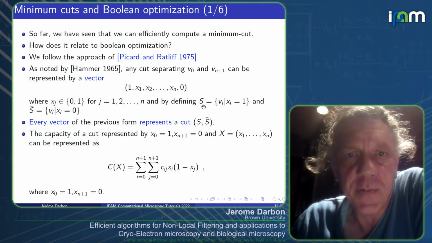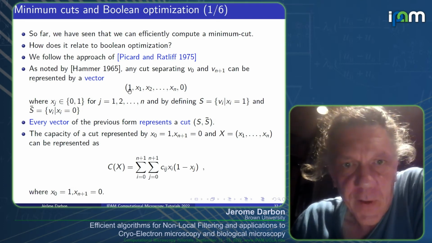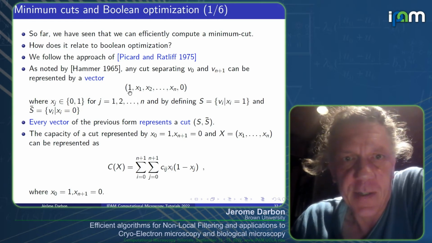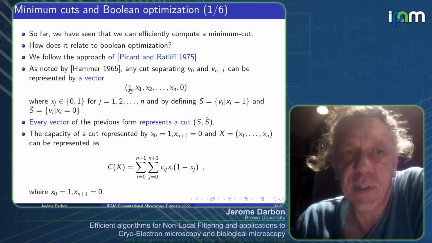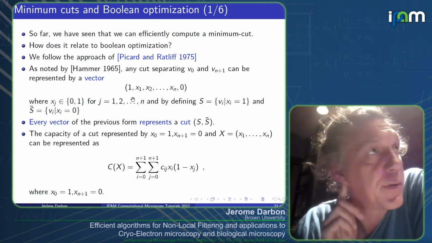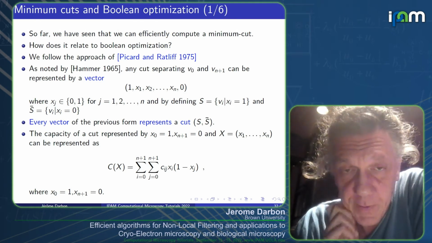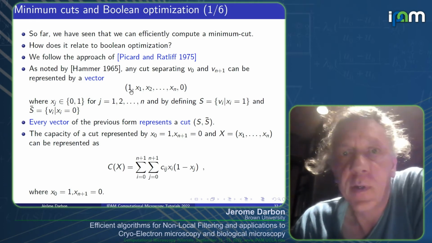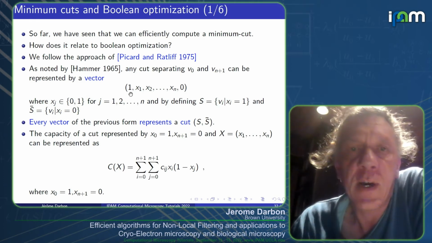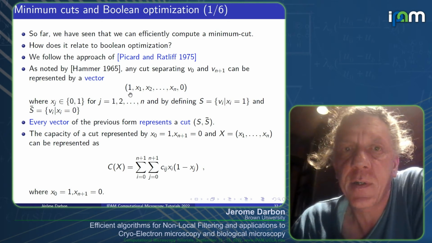I'm simply going to say the first entry of this vector corresponds to the source of the cut that I want to do in the graph. And if I am the source, or I am connected to the source, I'm going to assign the label 1.